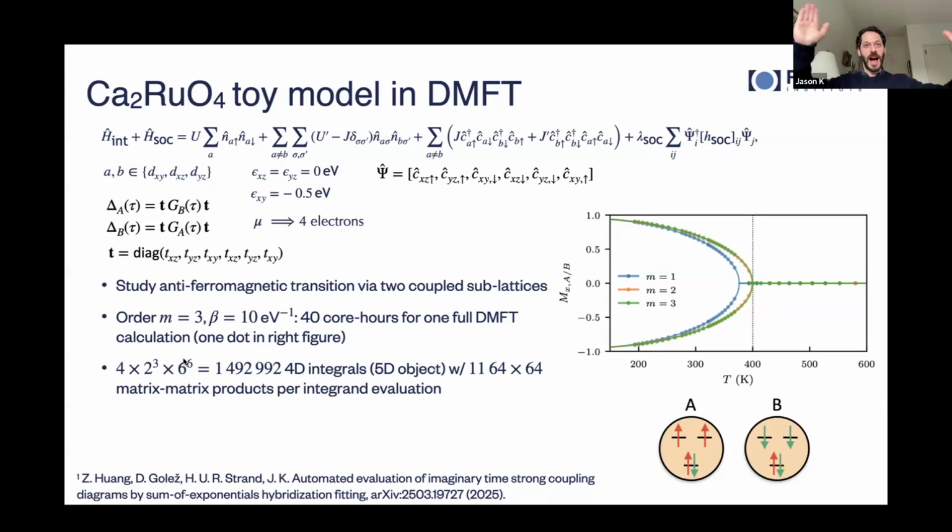I could come up with a counterexample by having a function which had 50 peaks at different locations, and then I would need 250 poles or something. But if that doesn't happen, we have good techniques to approximate functions by poles.